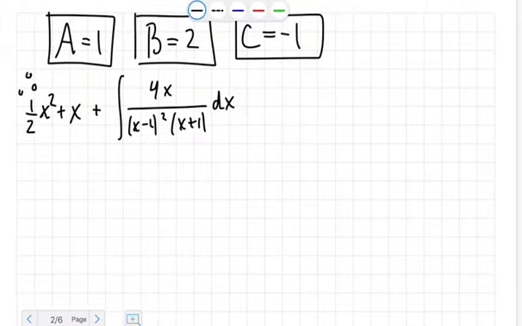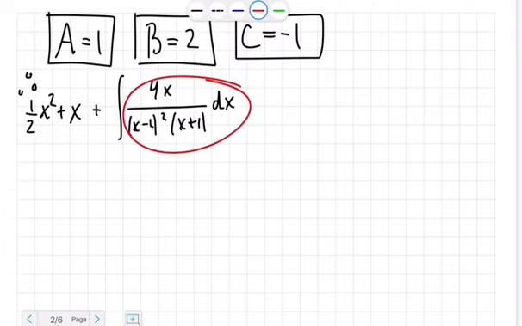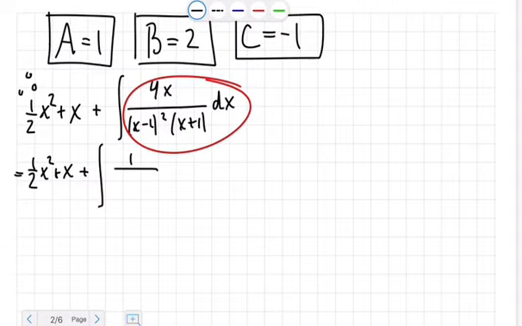Okay, so we have our a value, b value, and c value. Going back to our integral, we know how to do our decomposition for this. So this whole thing now is just going to become equal to 1/2 x squared plus x, plus we're now going to have three separate integrals. So a is 1 divided by x minus 1.